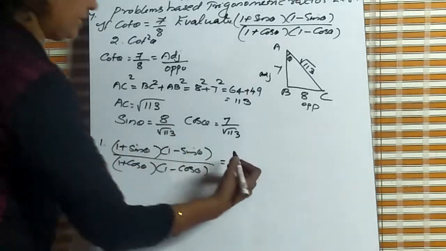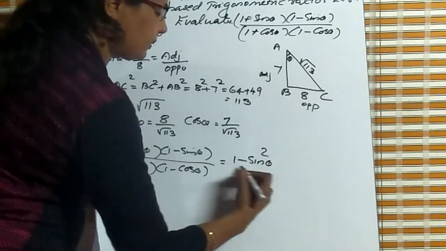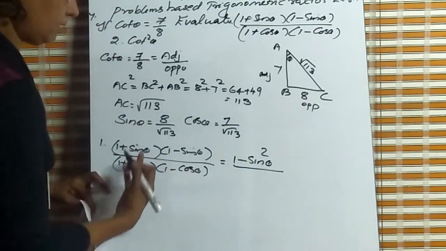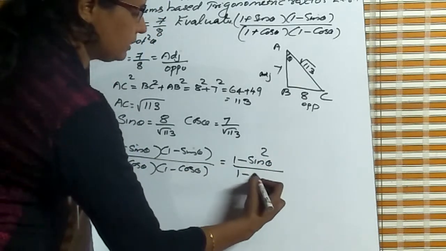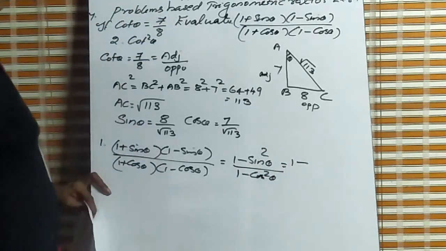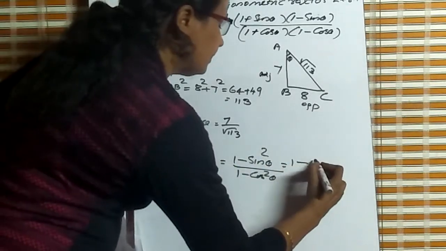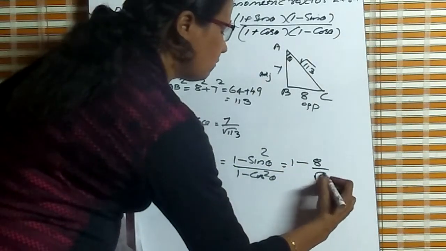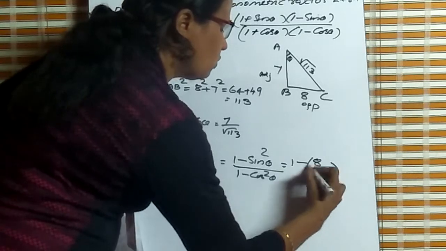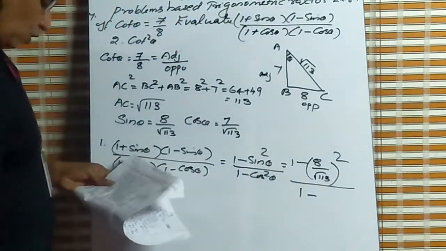Here (1 plus sin theta)(1 minus sin theta) is 1 minus sin square theta, divided by (1 plus cos theta)(1 minus cos theta), which is 1 minus cos square theta. Substituting the values: 1 minus (8 by root 113) whole square divided by 1 minus cos square theta.